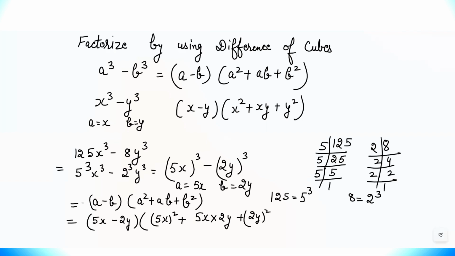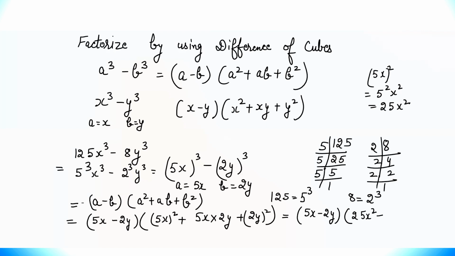We have to put the bracket here. So that means it will be equal to (5x − 2y) into, now (5x) whole square means 5 square x square, which is equal to 25x square. So we'll write down here 25x square plus 5 into 2, 10, x into y, xy.